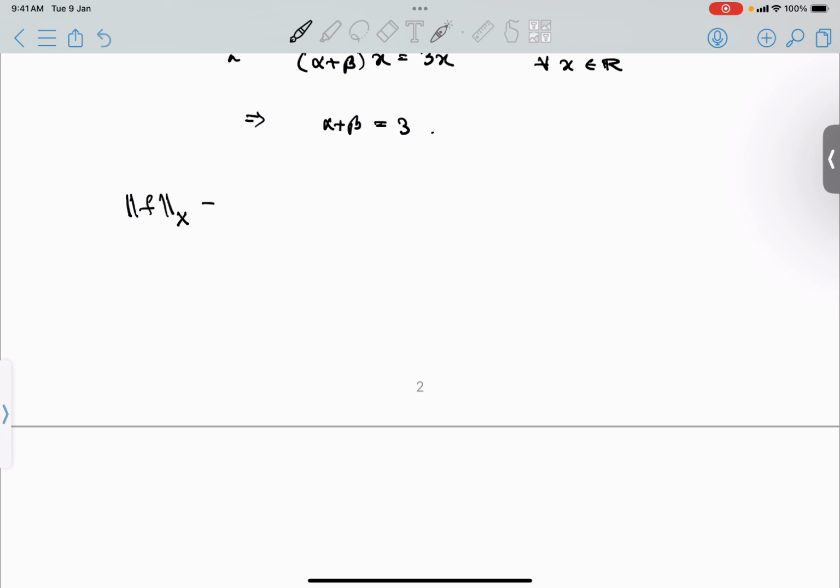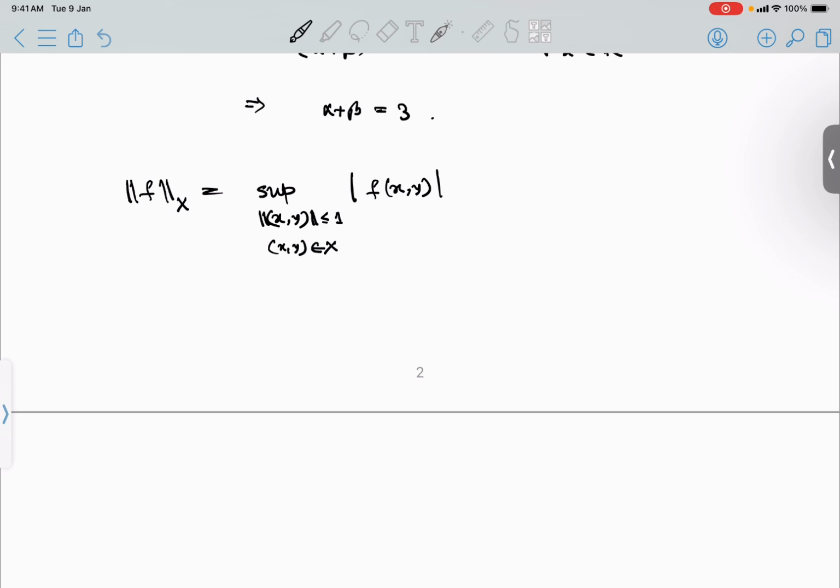The norm of f on X is a functional norm, the supremum of f of (x, y) over the norm of (x, y) less than or equal to 1, where (x, y) is in X. Now the norm of (x, y) is mod x plus mod y, and as y equals x it is again mod x, so 2 mod x is less than 1, or mod x is less than half.